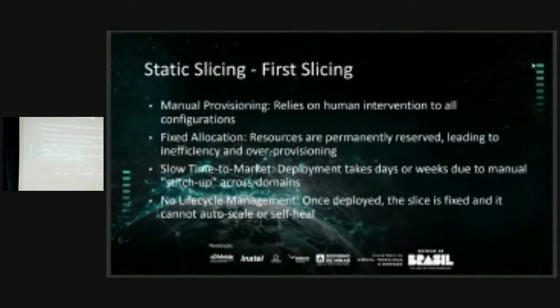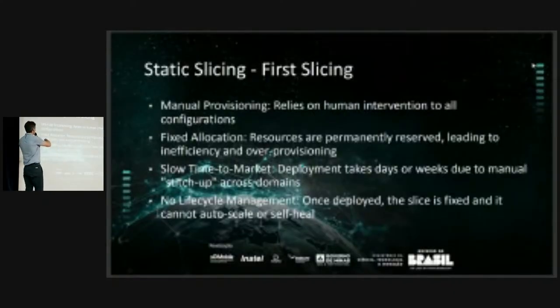But at first, we start by creating one slice in a fixed, static way. It was more or less 3 years, 4 years ago. We create one static slice. A human needs to configure all parts of the network to start the slice.